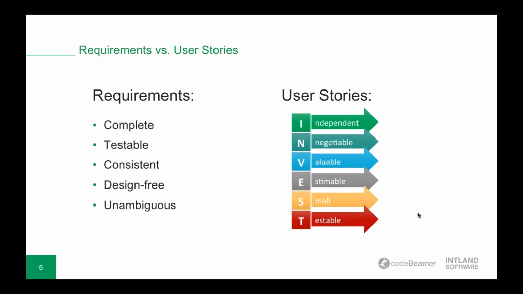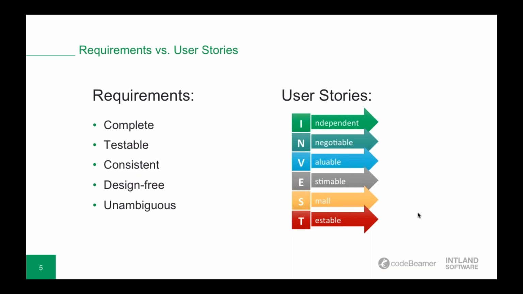Good requirements need to be complete, testable, consistent, design-free, and unambiguous. Requirements presume that the design of the application is done beforehand and that the development is the implementation of that design. Requirements therefore focus on how to implement the functionality, performance, and user experience, and are differentiated through functional and non-functional requirements.